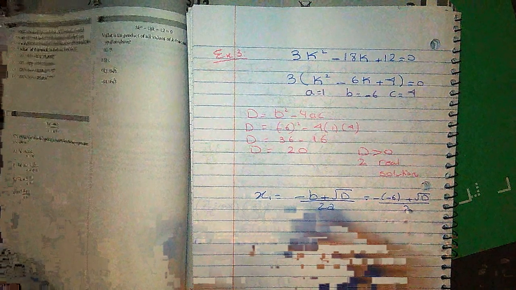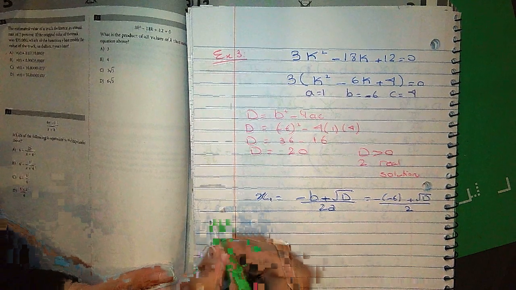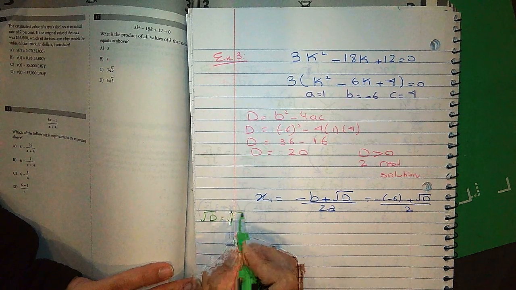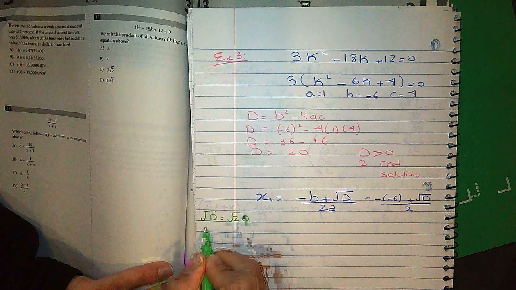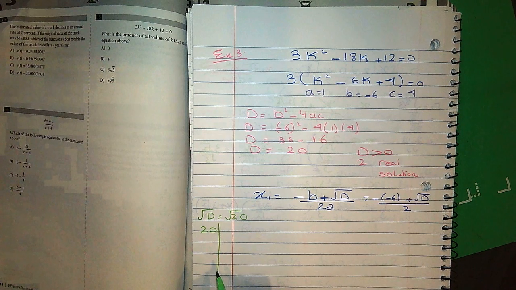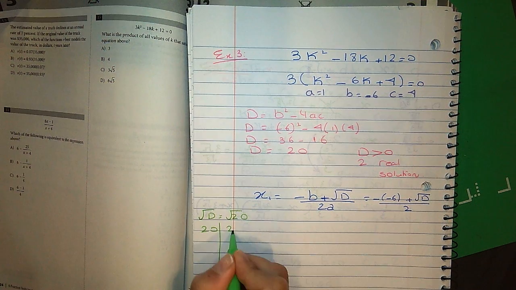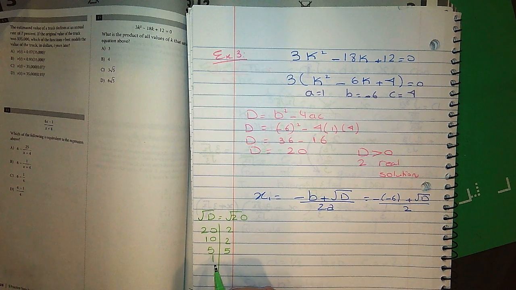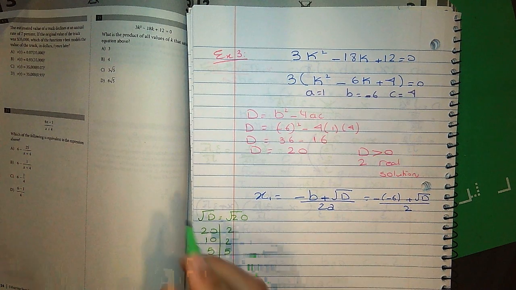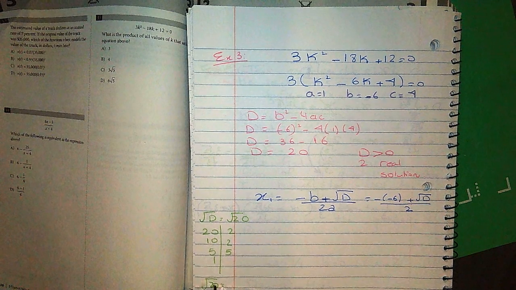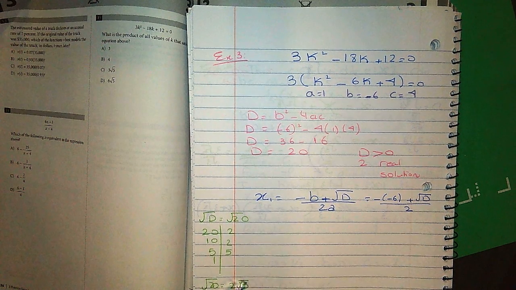Square root of d is square root of 20. So the 20, if we simplify it, would be 2, 10, 2, 5, 5, 1. So square root of 20 is 2 square root of 5.